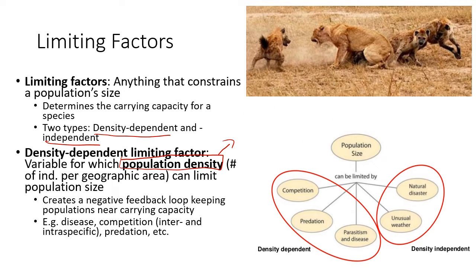To define population density, which I probably should have done at the beginning, population density is the number of individuals in a given geographic area. So we can do this mathematically, number of individuals in whatever your metric of geographic area is. Maybe it's meters squared, or maybe it's kilometers squared, or maybe it's hectares, or whatever it is. Okay? So that's population density.